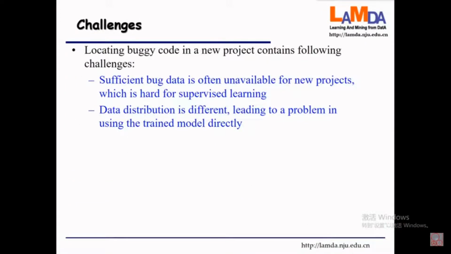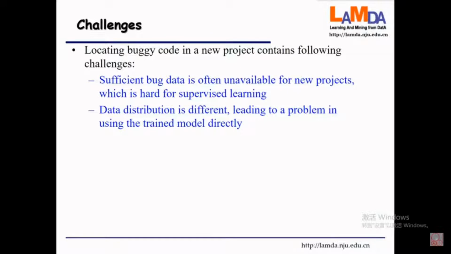However, there are several challenges in locating buggy source code in a new project. For example, sufficient bug data is often unavailable for new projects, which makes it hard to build a specific classifier based on supervised learning. Second, data distribution is different in a new project. Directly applying a trained model is not appropriate. Therefore, cross-project bug localization is necessary.